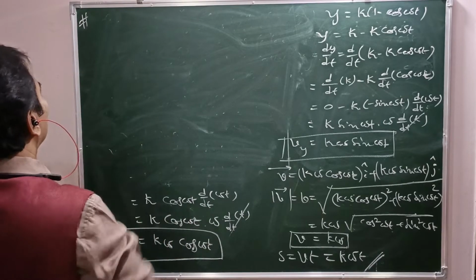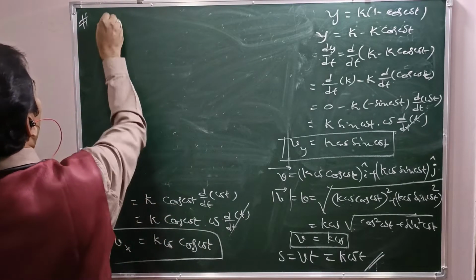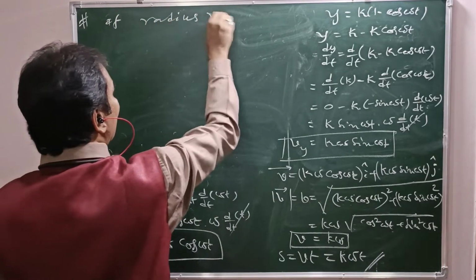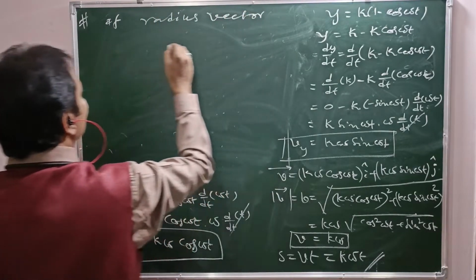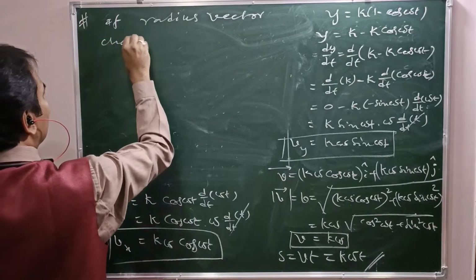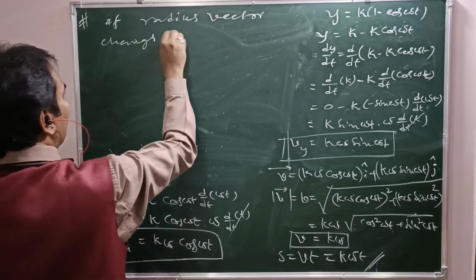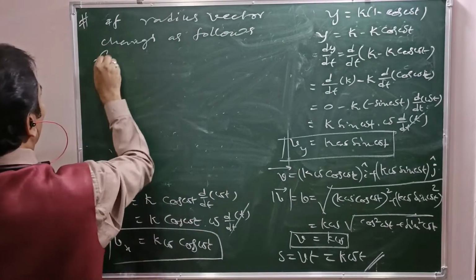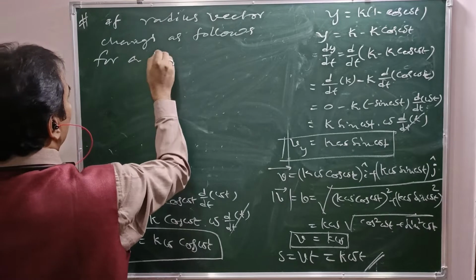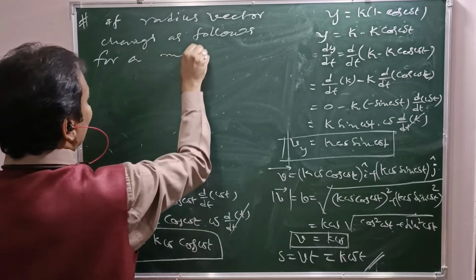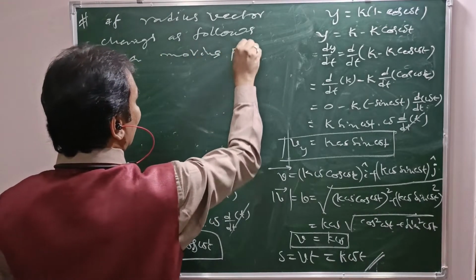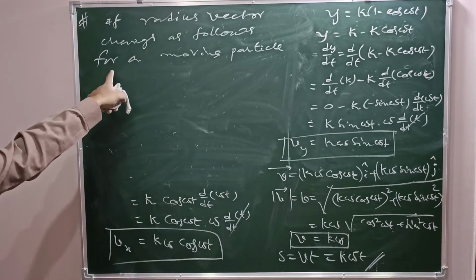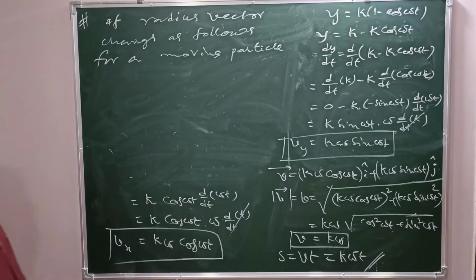If the radius vector changes as follows for a moving particle, right?